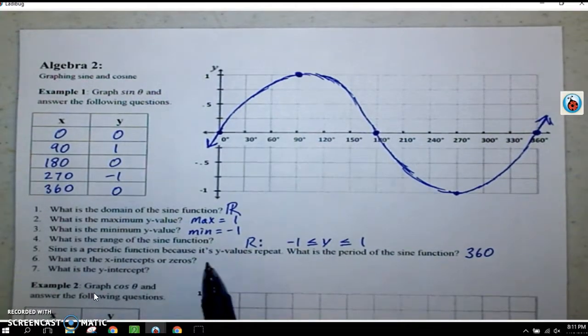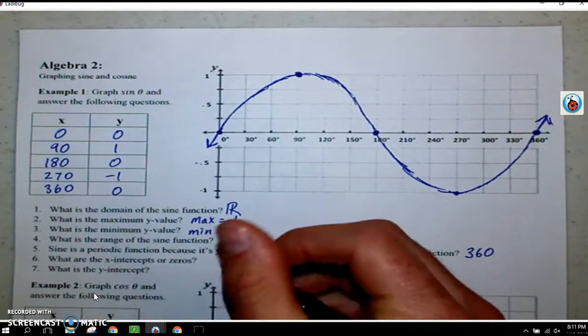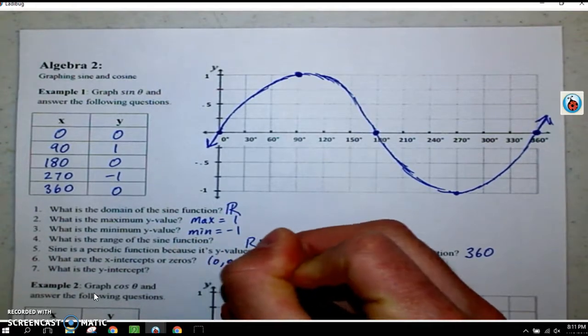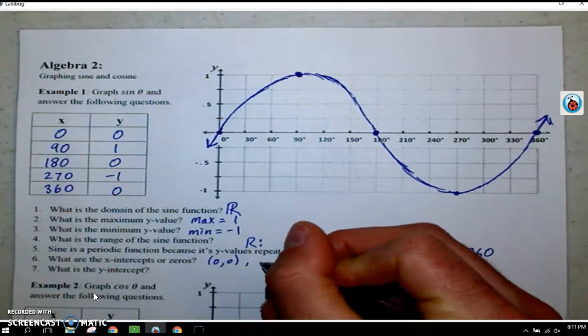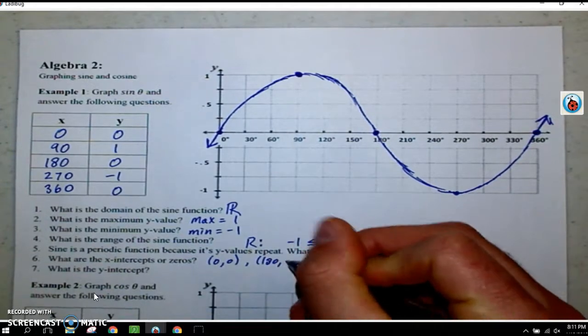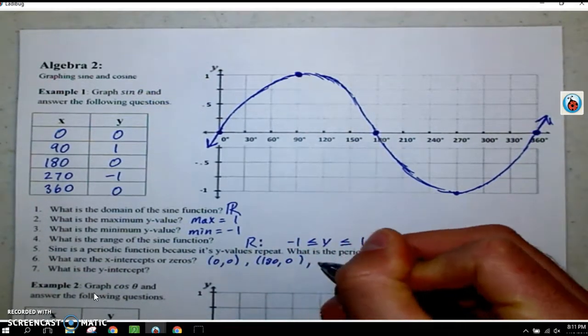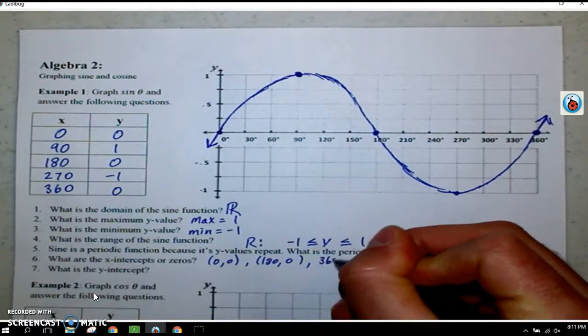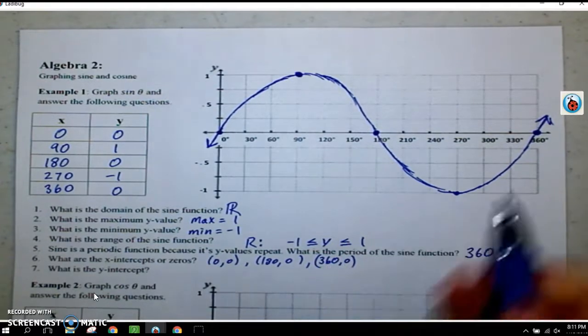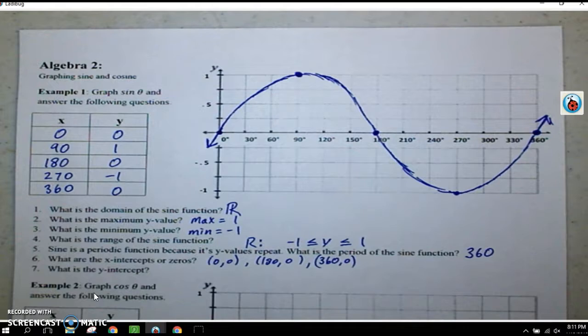The x-intercepts, or zeros: there's actually going to be an infinite amount. I could just list out the three that I have here. The x-intercepts that I have are 0, 0, 180, 0, and 360, 0. But that could be quite an extensive process.